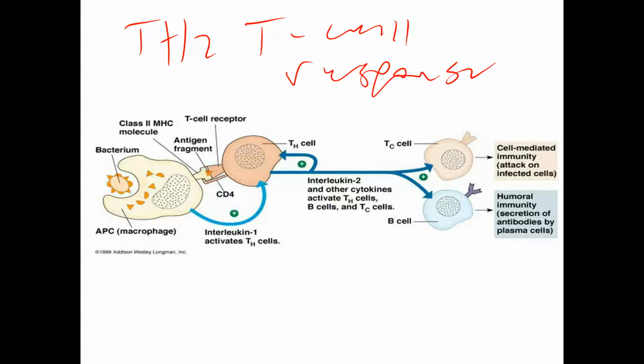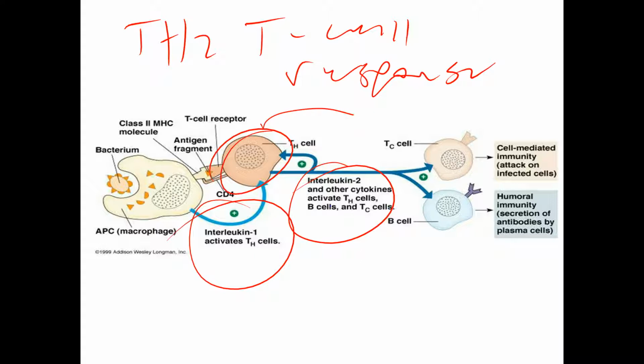You get the correct stimulatory molecules secreted by this macrophage, pro-inflammatory, pro-interaction, that's stimulating this T helper cell to secrete interleukin 2 and other chemical messengers that activate this T helper cell and also activate other T helper cells, to activate cytotoxic T cells, also activate B cells.